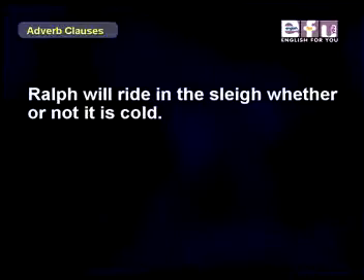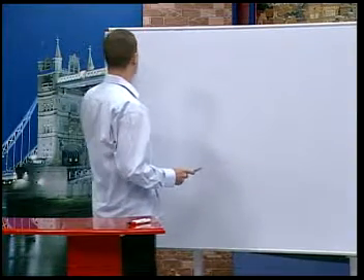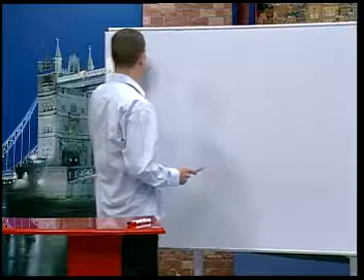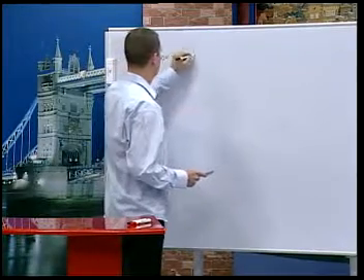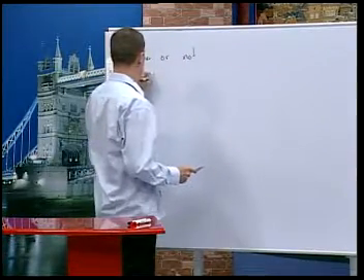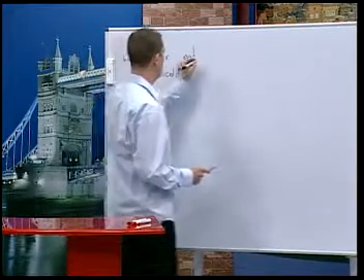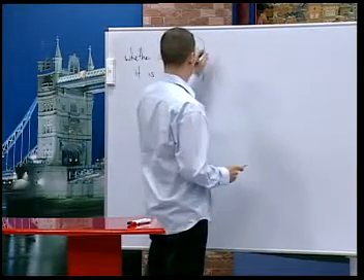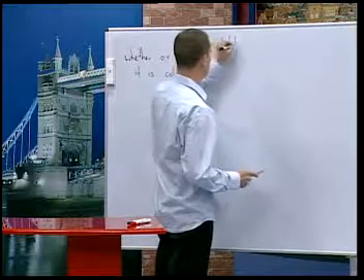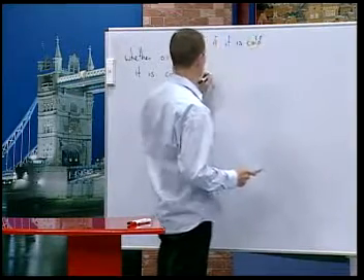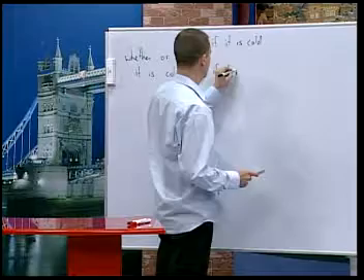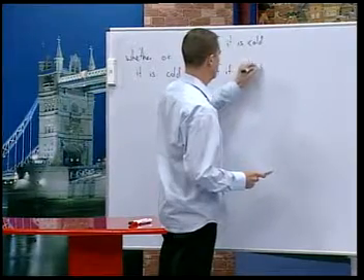In the first sentence, if it is cold, Ralph will ride in the sleigh. If it's not cold, Ralph will ride in the sleigh. Let's look at it on the board. Whether or not it is cold means if it is cold, if it isn't cold.